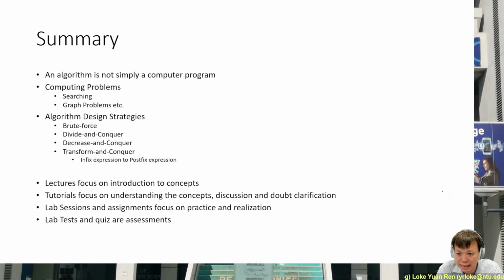It's an example to let you know that different strategies can be used to solve a problem, what their efficiency is, and how to implement them, how to realize them as a program to solve the problem. So that is what you're going to learn in the next few weeks.